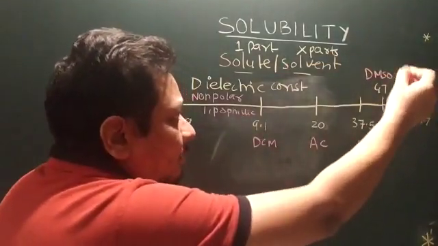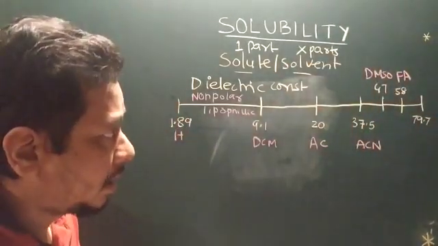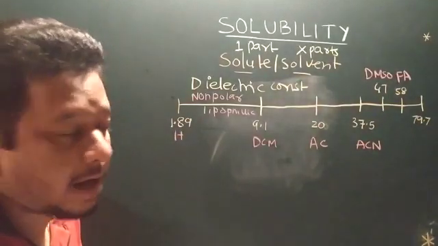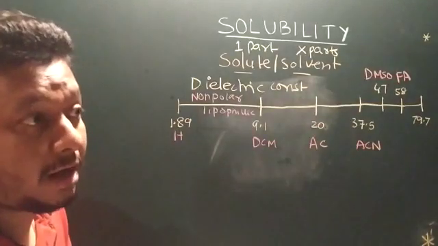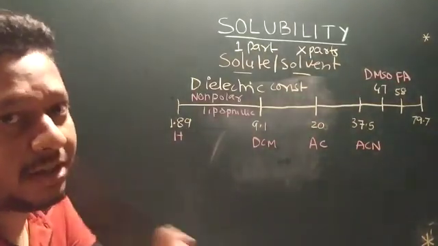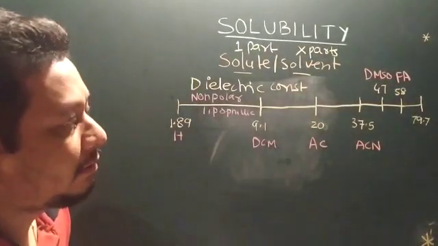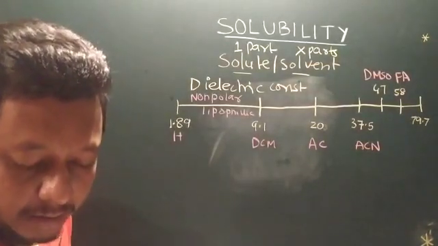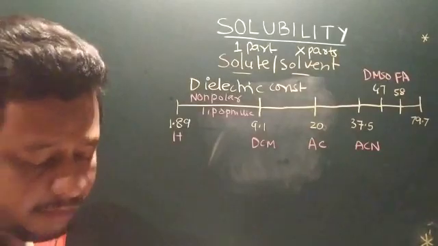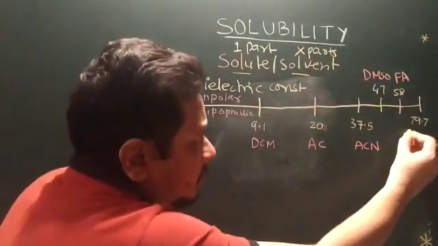Formic acid is not a solvent, but we use it whenever we want to adjust the pH. It's a buffer. I will make the video on buffer and percent ionization, and in that I will clear the concept more. The next one, 79.7, is water.